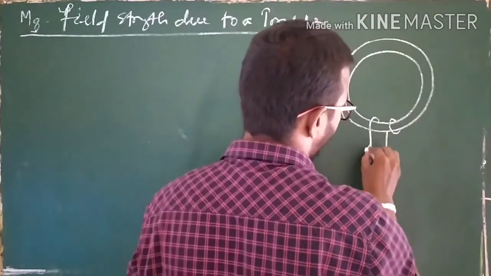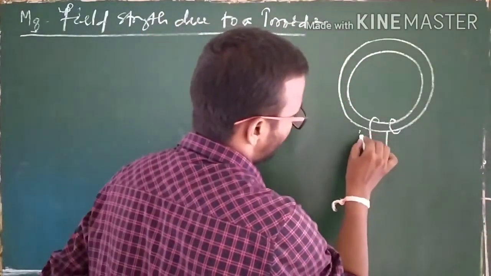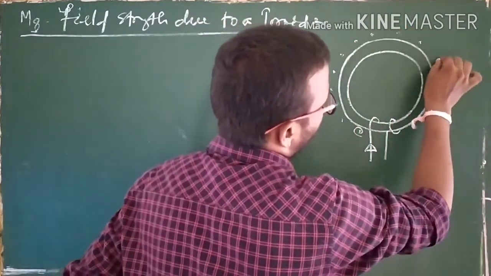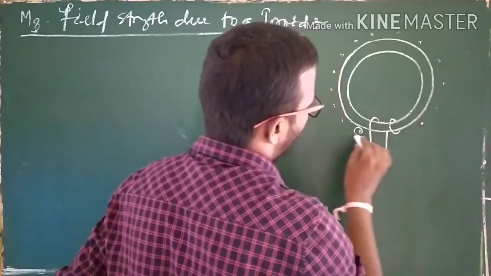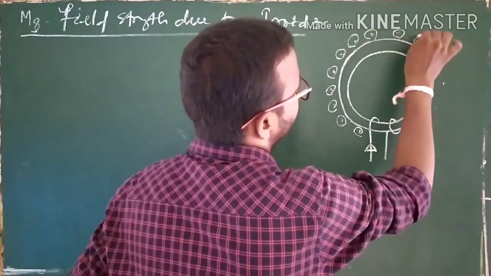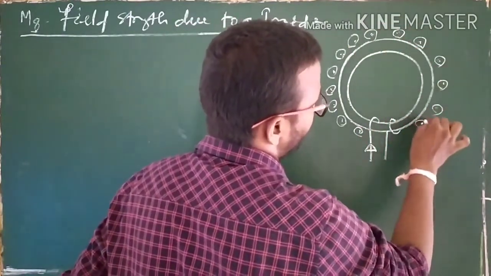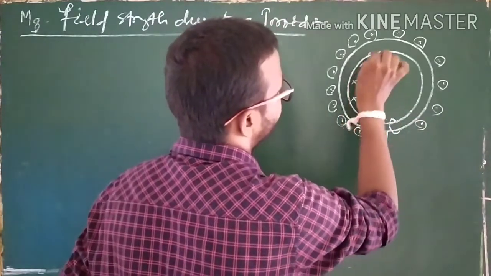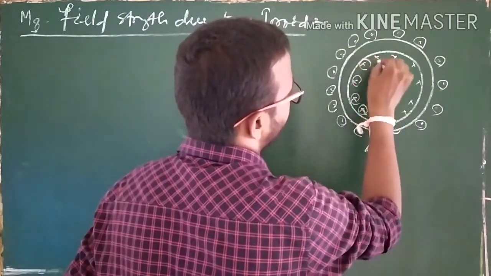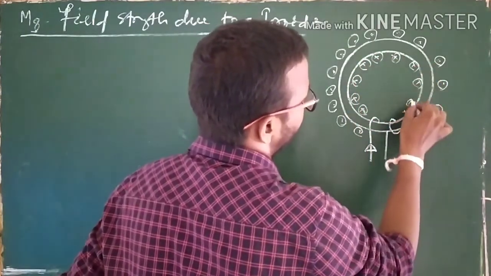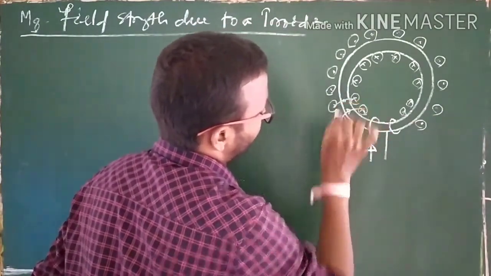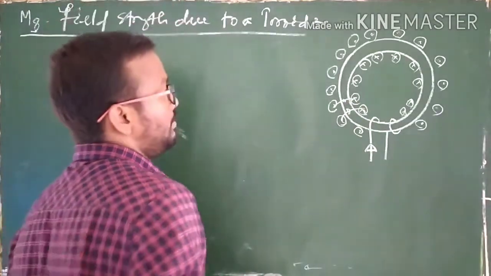The dot indicates that the current is flowing in the outward direction, and the cross indicates that the current is flowing in the inward direction, because this is the direction of flow of current. Clear? Okay.